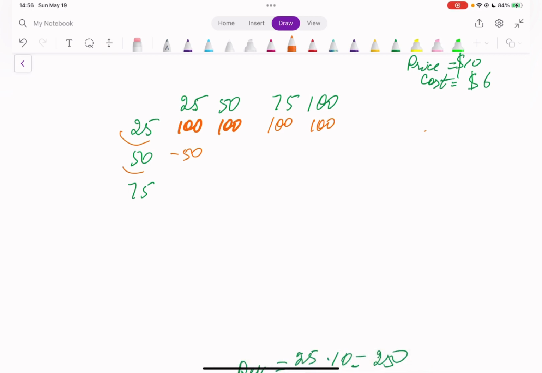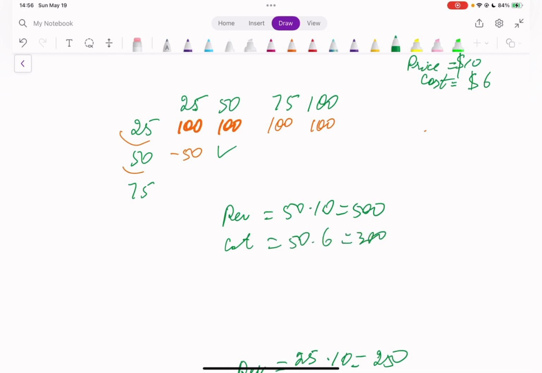Next one, we have 50 and 50. Let me see, we should get a positive profit. So revenue is 50 times 10, 500, cost 50 times 6, 300.